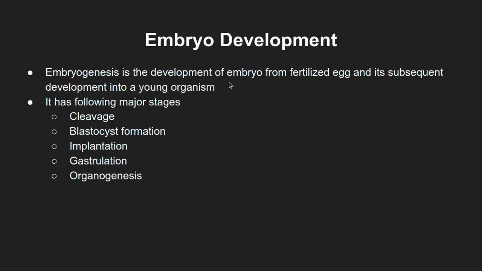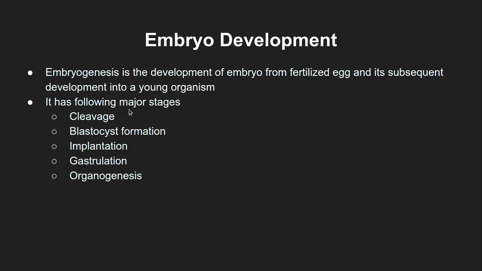Embryogenesis is the development of the embryo from the fertilized egg and its subsequent development into the young organism. That is from zygote to the complete development of the embryo until a young organism is formed. That whole process is embryogenesis, or in other words, embryo development.